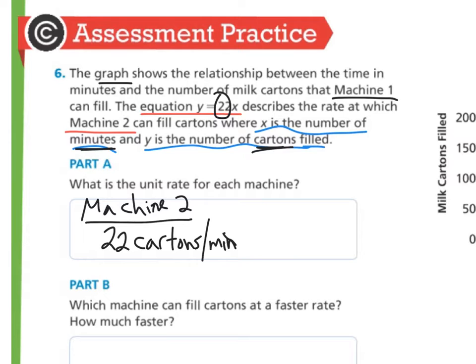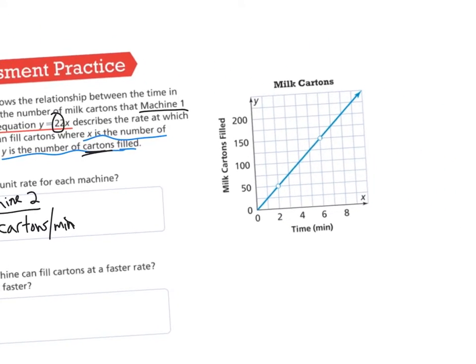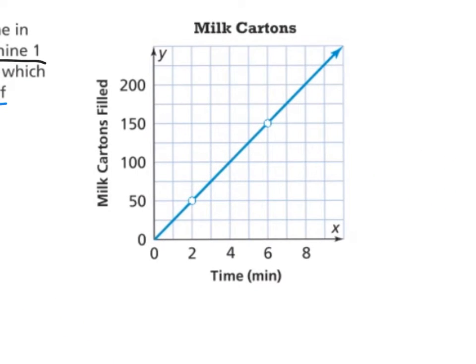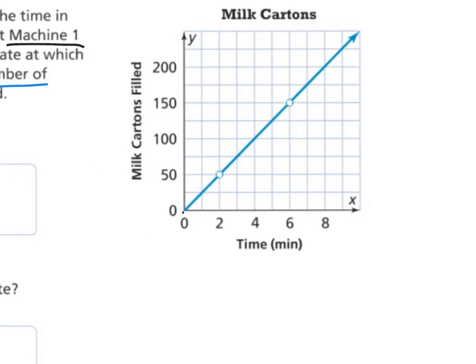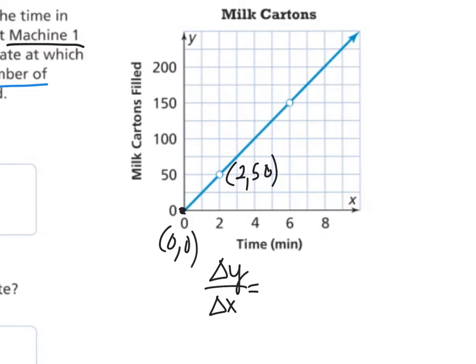If we look at machine 1, they've got a couple of points kind of marked off for you here, but just because that doesn't mean you have to use those points. I see a 0, 0 here. It looks like there's a 1, 25. Just to be safe, if you want to go with this 2, 50, you can. And again, you can look at change in y over change in x.